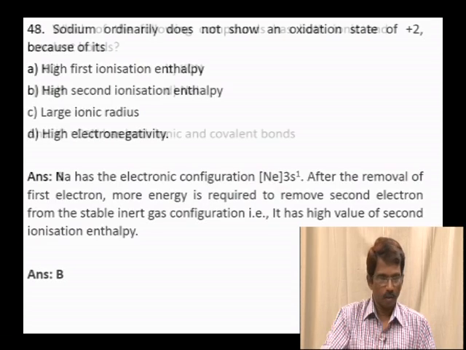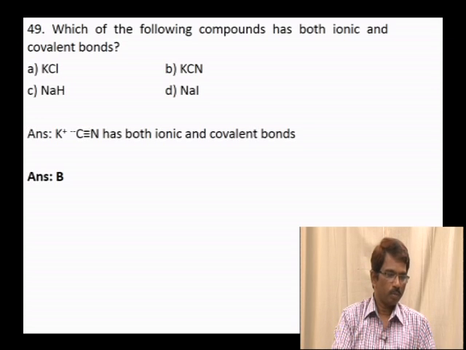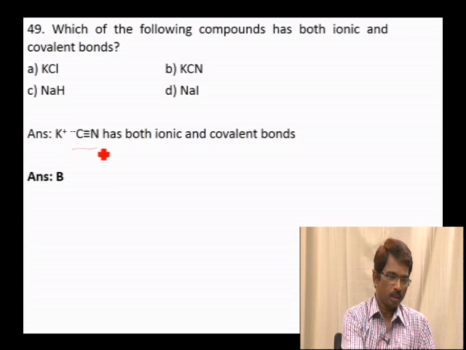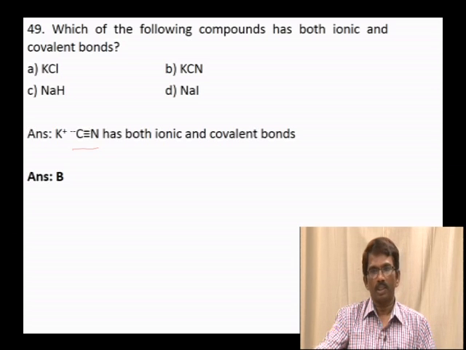Question number 49, which of the following compounds has both ionic and covalent bonds? Among the four options which are given, KCl, KCN, NaH and NaI, potassium cyanide is a compound which on ionization produces K+ and CN- ions, in which you have a triple covalent bond between carbon and nitrogen, and the bond between K+ and CN- ions is ionic.